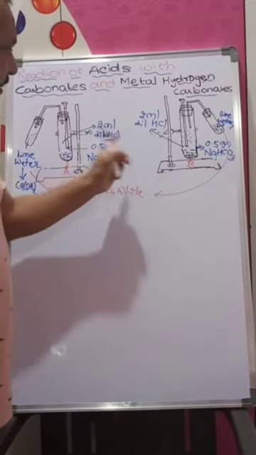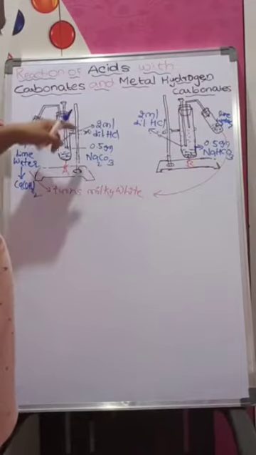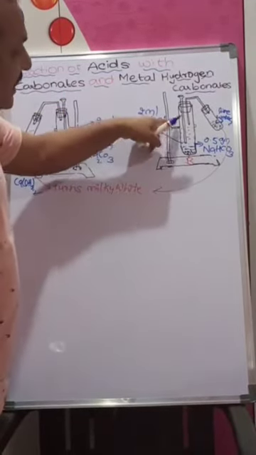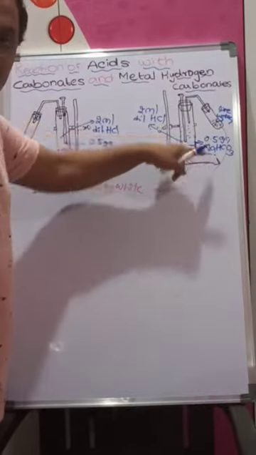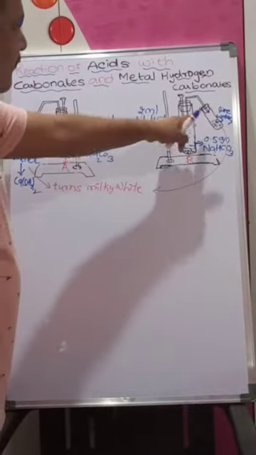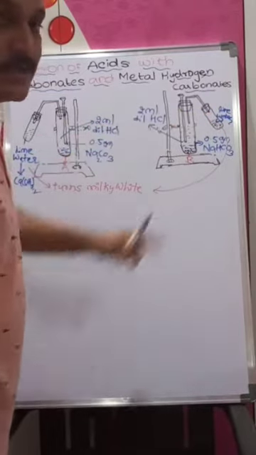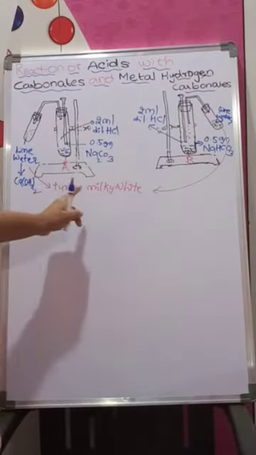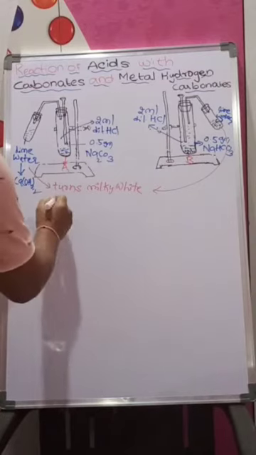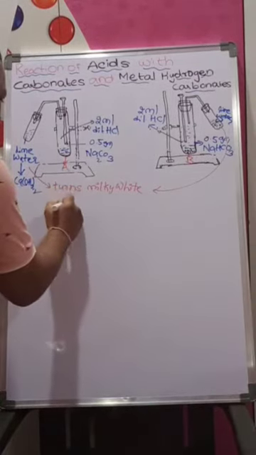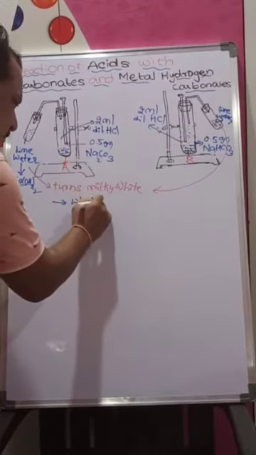In both cases, when the acid reacts with sodium carbonate and with sodium hydrogen carbonate, the lime water turns milky white. That is nothing but a white precipitate.